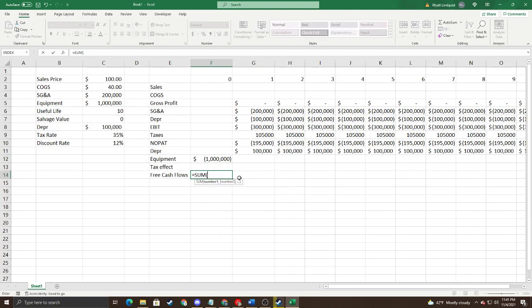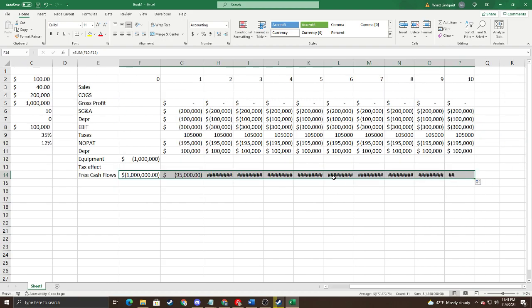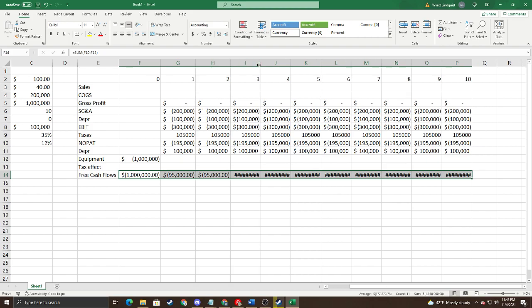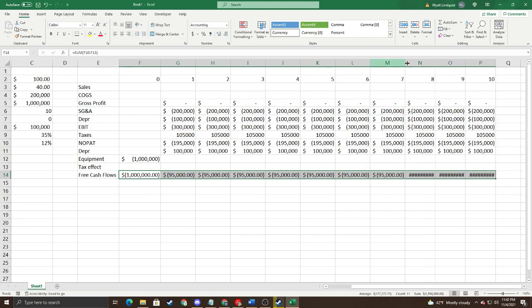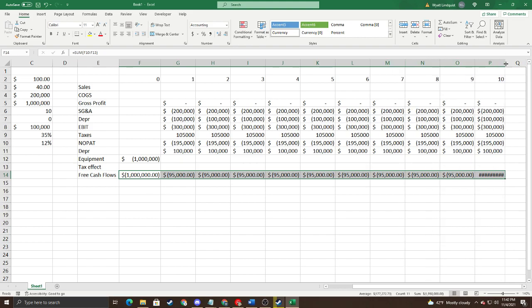And so then our free cash flows will just be our sum of NOPAT all the way down to the very bottom. And we're going to make those an accounting number. So we'll just do that really quickly. We'll make them all nice and easy.